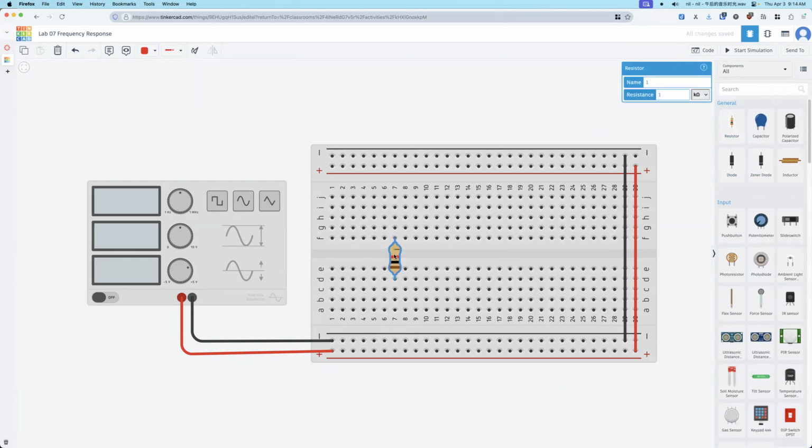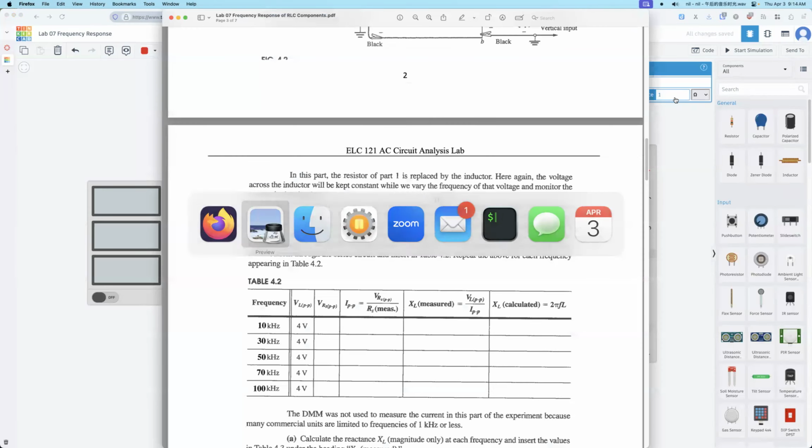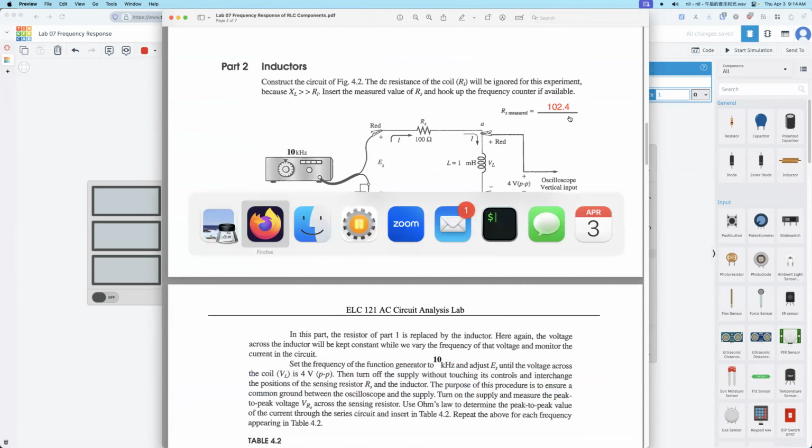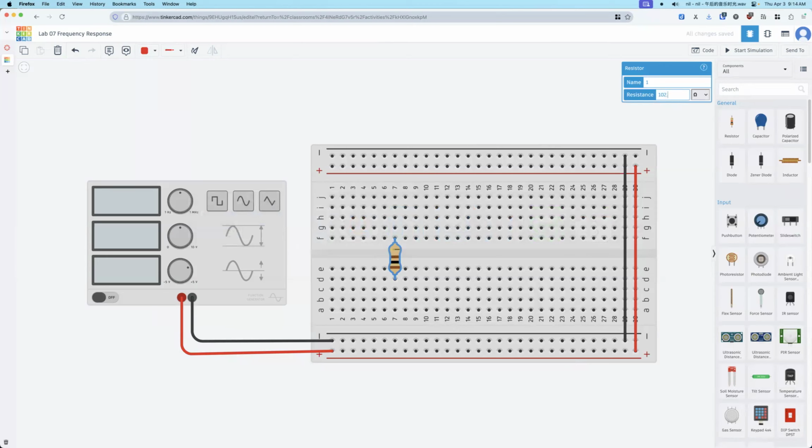So we could put it this way across the sections. I don't remember the number, so let me go back. 102.4. The color code is brown, black, brown, so this is 1, 0, 1, right? Then the last one, the inductor. We can go this way.